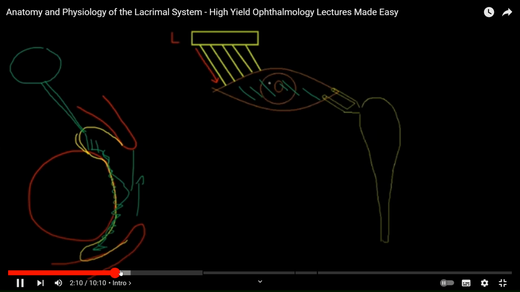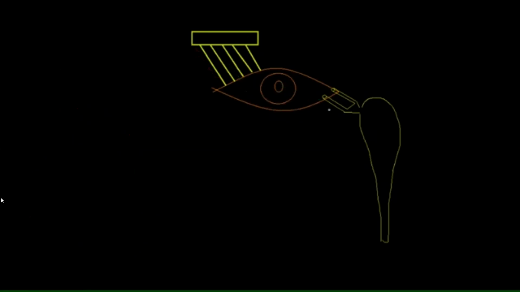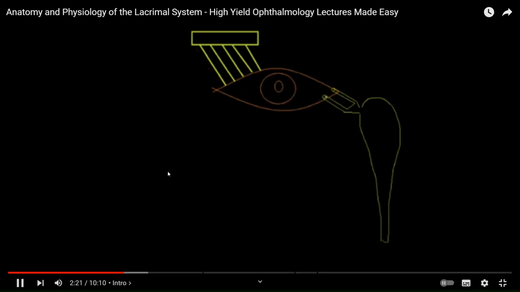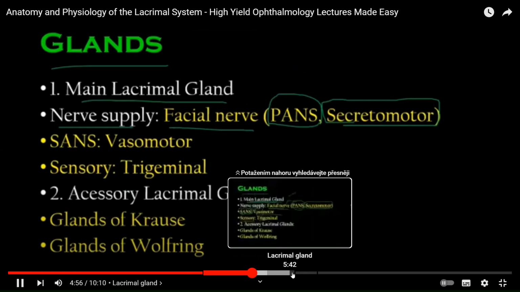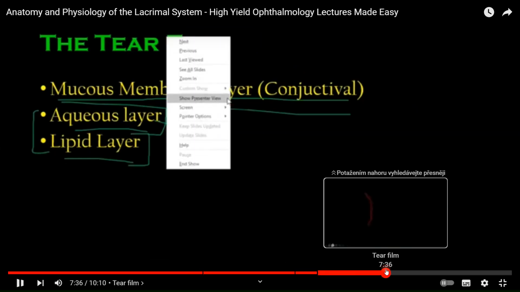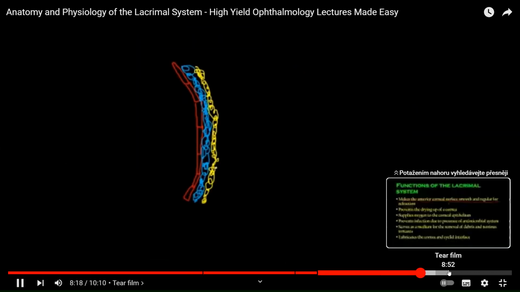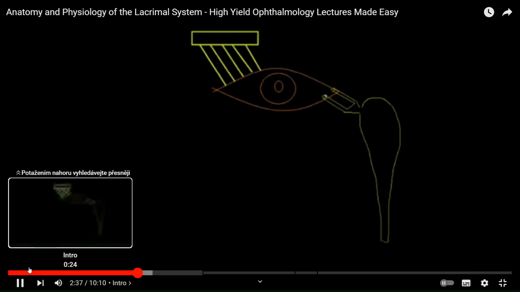secreting tears and they don't fall over, so there must be some drainage system or some collecting system which is taking everything away. So what happens is that you see these little pipes. Thank God they don't come out of our nostrils. So there are lacrimal canaliculi that open up here into these structures.